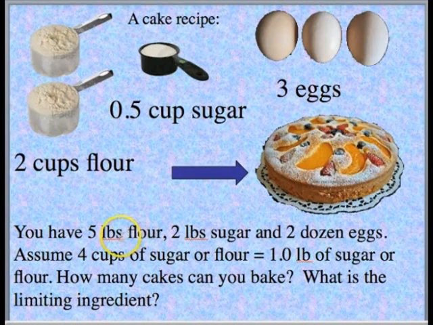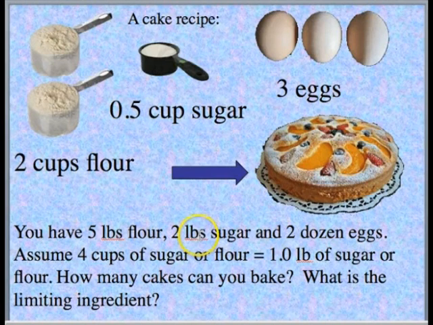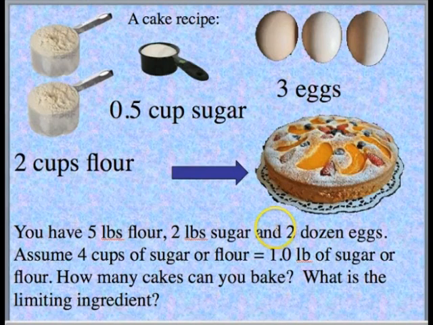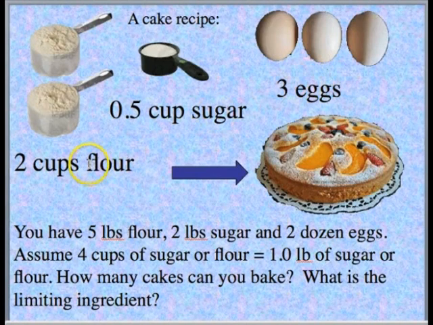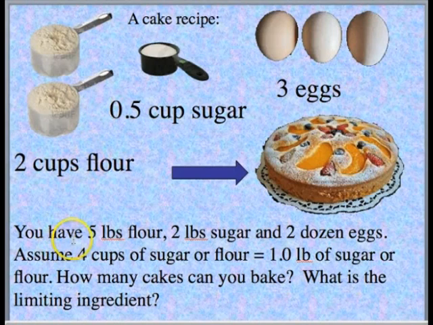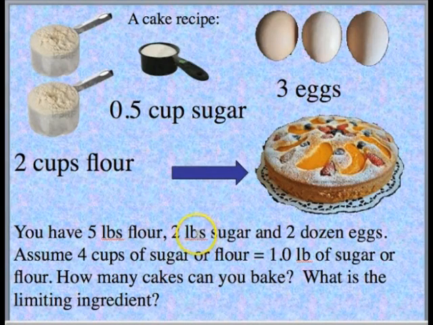How many total cups of flour do you have? How many total cups of sugar do you have? And how many total eggs do you have before you can use the recipe? The recipe is in cups and eggs, not pounds. You can't use this recipe directly. You have to convert your pounds of flour and sugar to cups before you can use the recipe. You getting a little goosebumpy here?